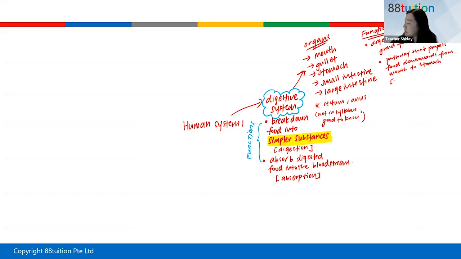So this is the function of the gullet. Now let's move on to the stomach. Does digestion take place in the stomach?